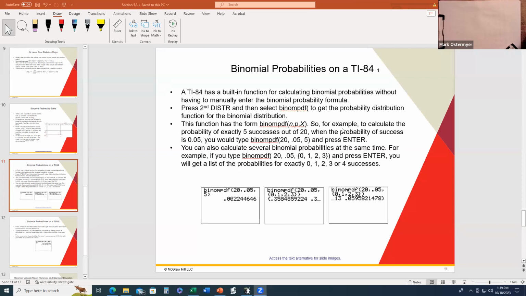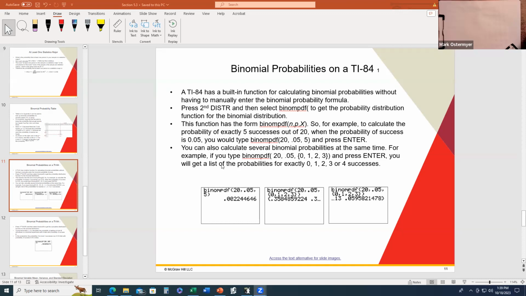So to calculate the probability of exactly 5 successes out of 20, when the probability of success is 0.05, you would type binomial PDF 20, 0.05, 5. N, P, X. N is the number of trials, P is the probability of a success on any given trial, and X is the number of successes you're interested in.